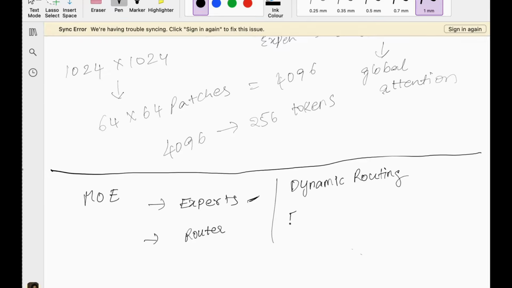And then we have expert sharing. This is a good concept, which optimizes efficiency: MOE allows some experts to share parameters across different tasks or layers. Let me give an example. Imagine you have an online customer service system that needs to handle different types of customer issues.